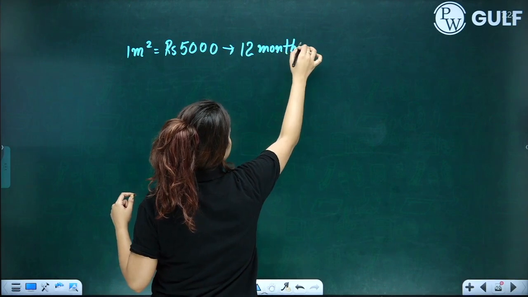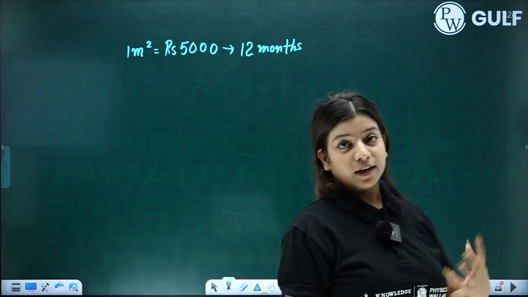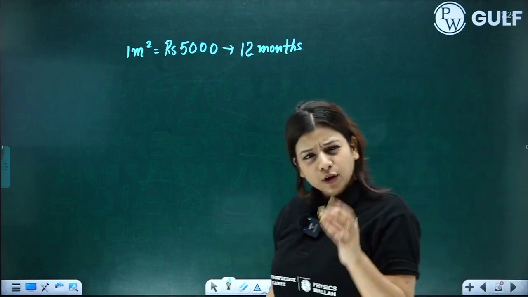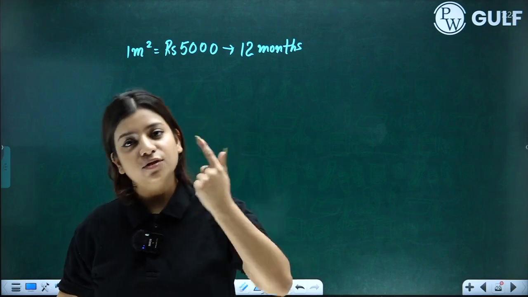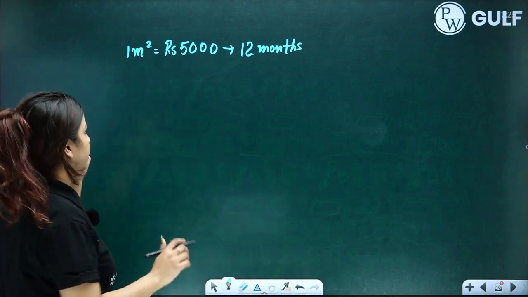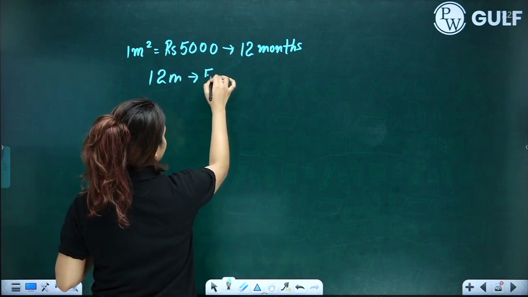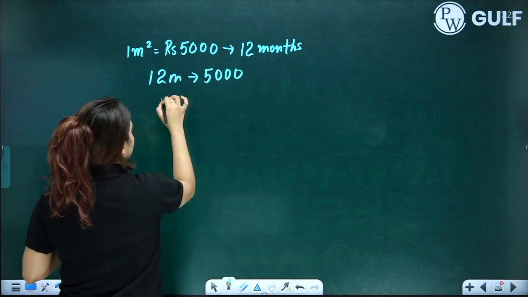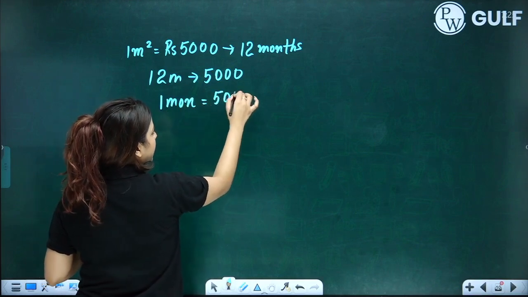We have done the advertisement for 3 months, so the unitary method has to be applied. 12 months is given, 3 months is asked. First of all, we have to calculate it for 1 month. For 12 months, if it is rupees 5,000, students, then for 1 month it will be 5,000 divided by 12.